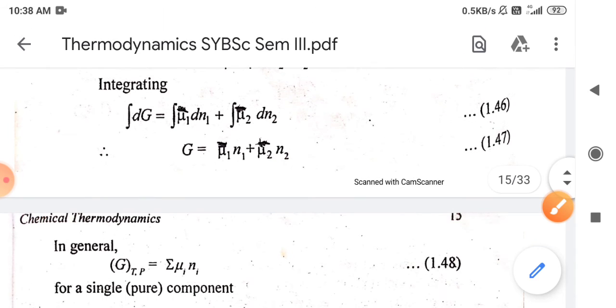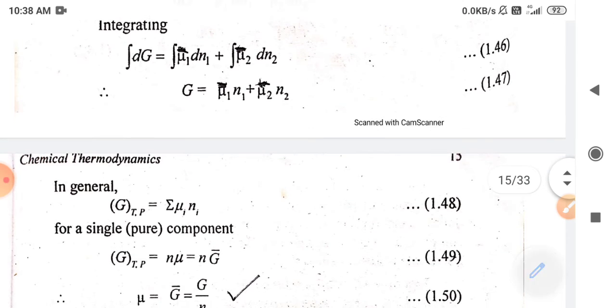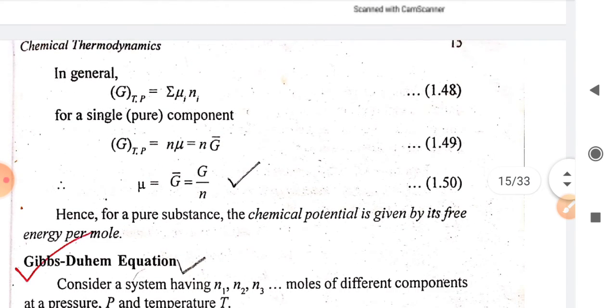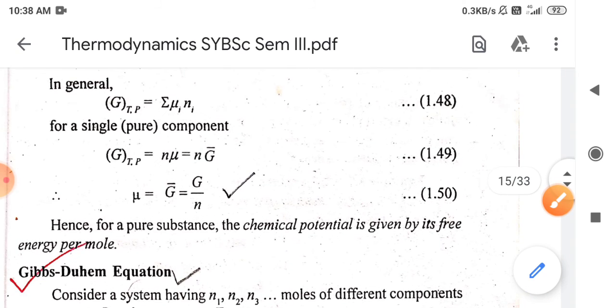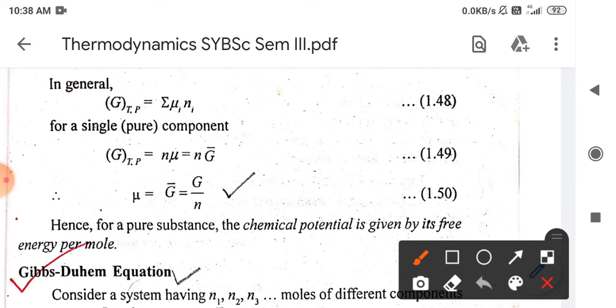Okay, so overall we can find the chemical potential, the partial molar Gibbs free energy, for the given system. In general we can say that this Gibbs free energy is the summation of the product of chemical potential and number of moles for each component.